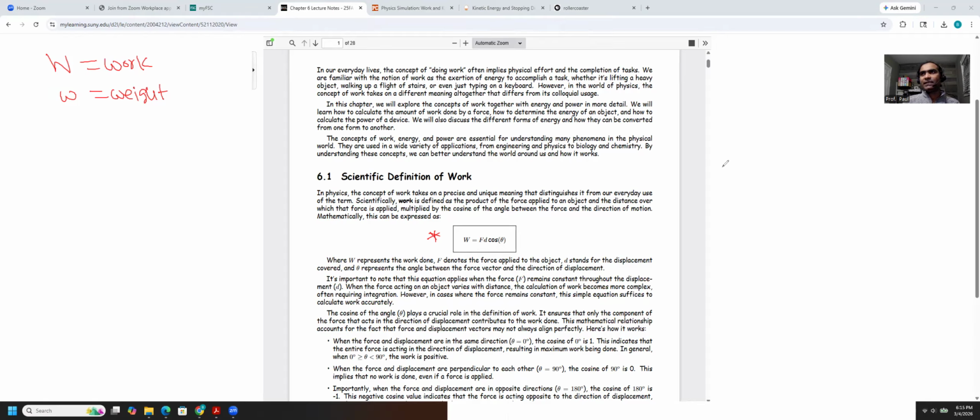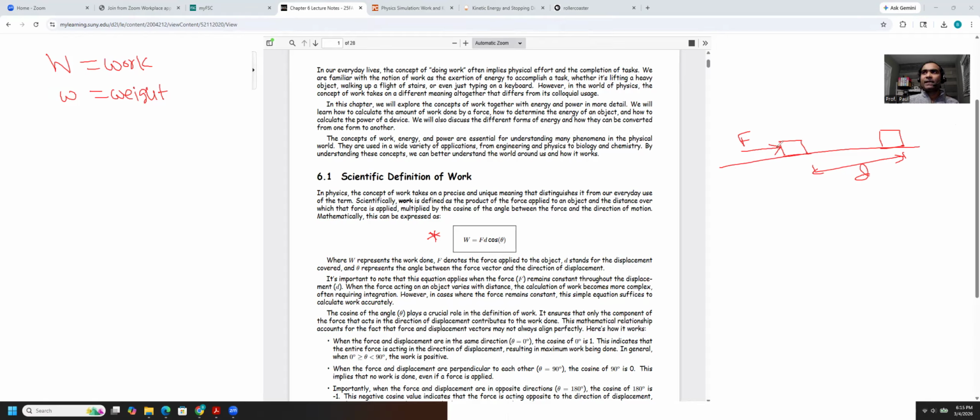So to understand this, let's say we have a box, okay, and we are applying a force on it. And because of this force, the object moves here. This box moves here. So that means it changes position, and changing position means there is a displacement d, right? We apply a force, and because of this force there is a displacement, right?